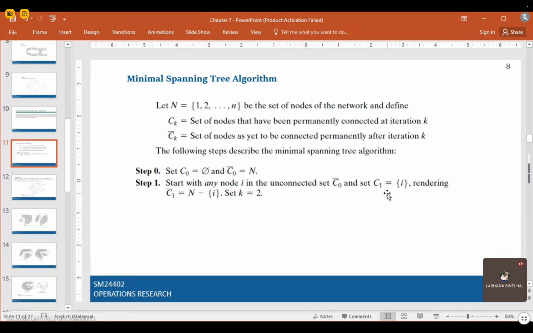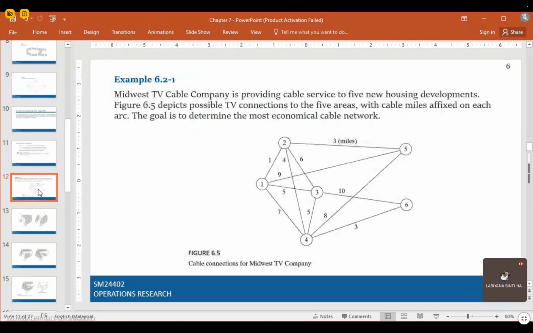C1 here represents the first iteration, and C bar 1 is also the first iteration. So if C1 is the set i, C1 bar will be N, the total nodes, minus i. So let's look at an example.